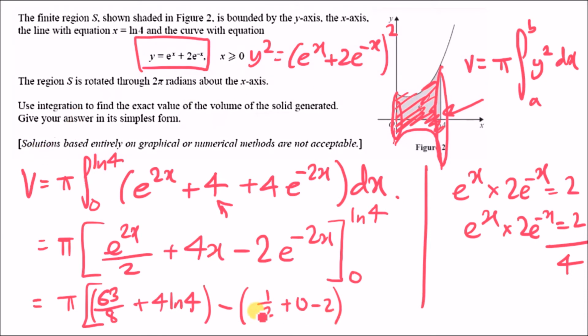Half take away 2 will give us negative 3 over 2. And then minus that will give us a positive 3 over 2, so let me put the 3 over 2 in, guys.